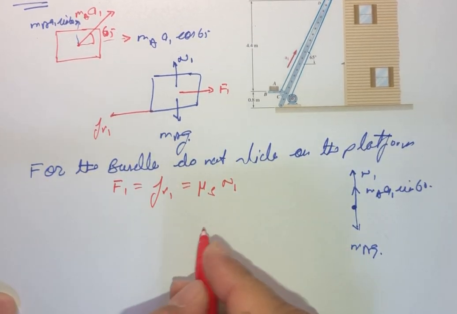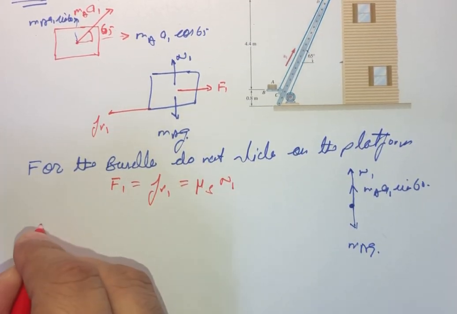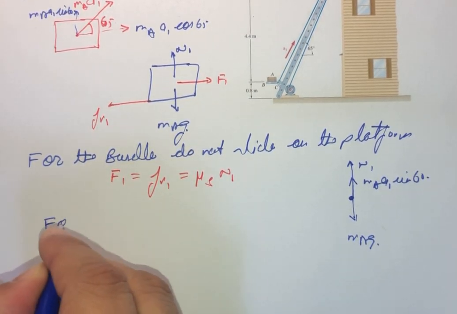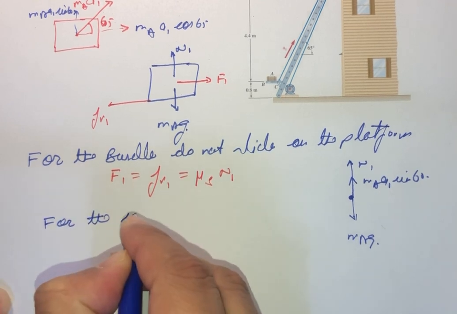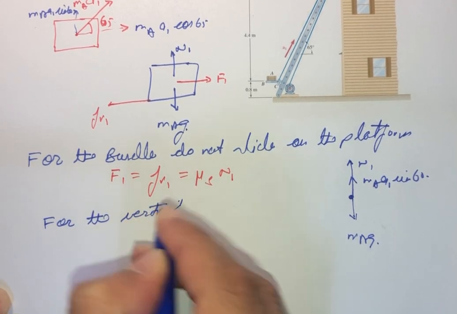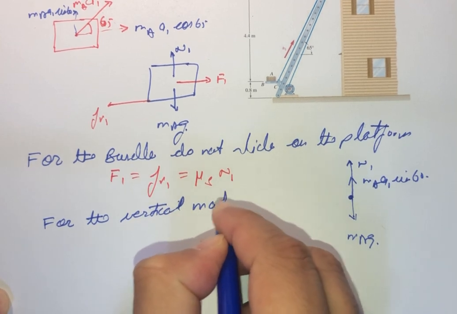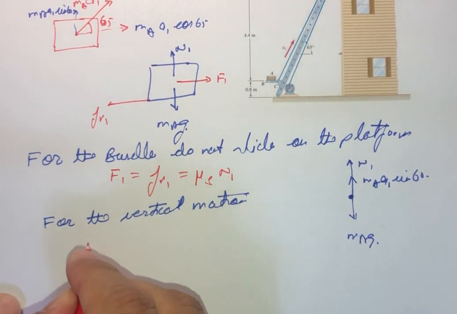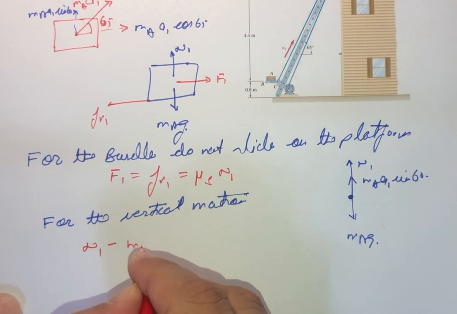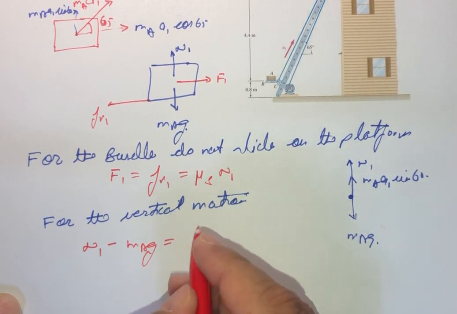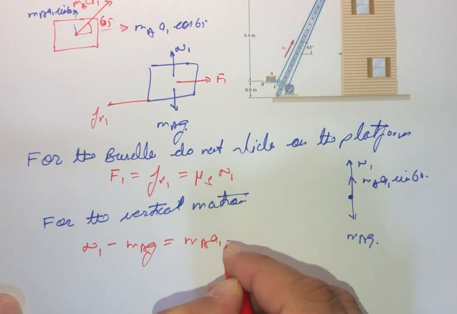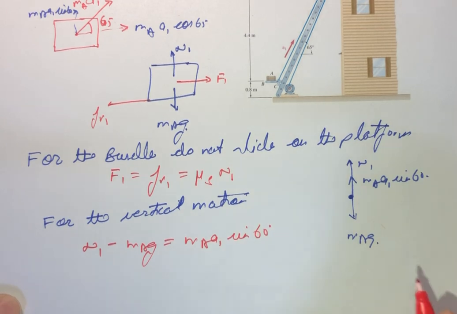So for the vertical motion, we can write the equation N1 minus M_A g, and it is going to produce M_A A1 sine of 65.